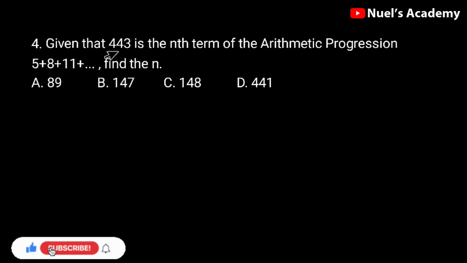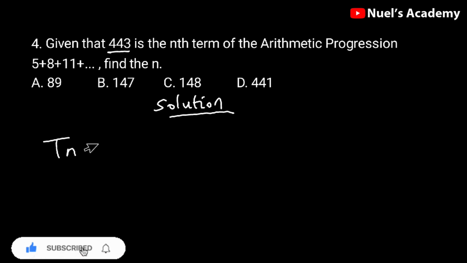Given that 443 is the nth term of the arithmetic progression 5 plus 8 plus 11 plus and so on, find n. So we write the solution. Now the formula for the nth term of an AP, as usual, is a plus d multiplied by n minus 1.